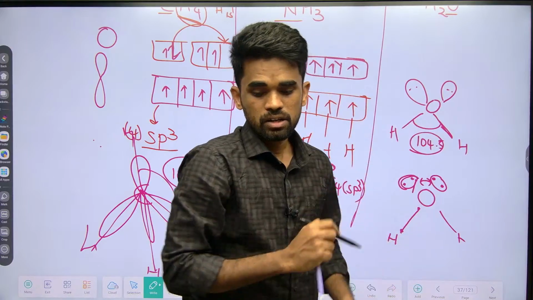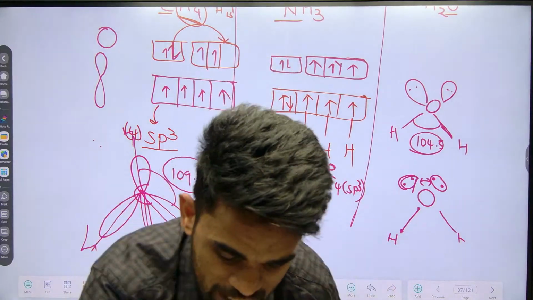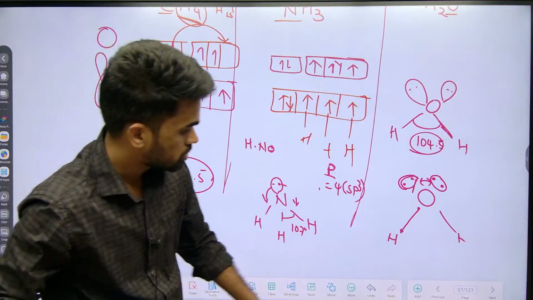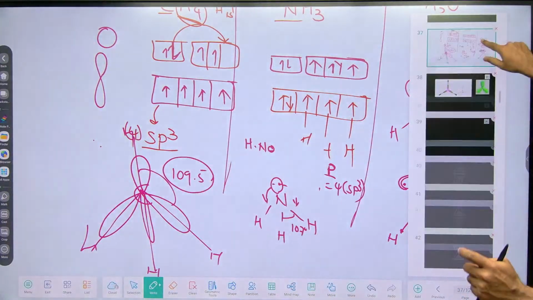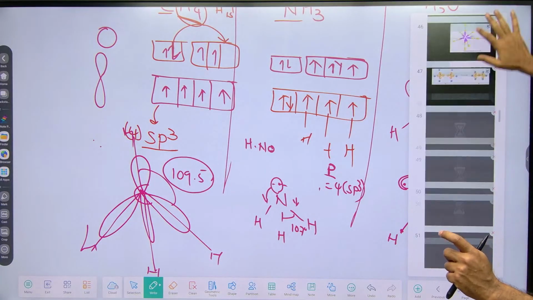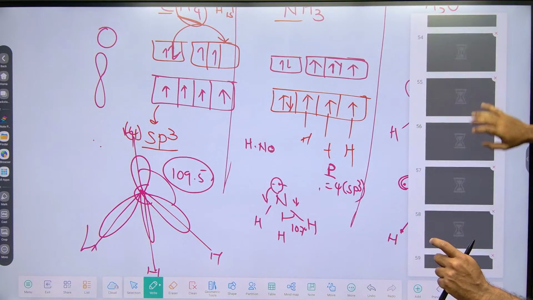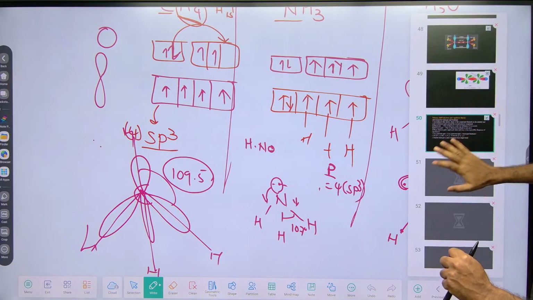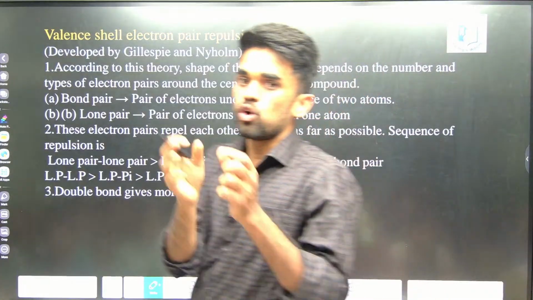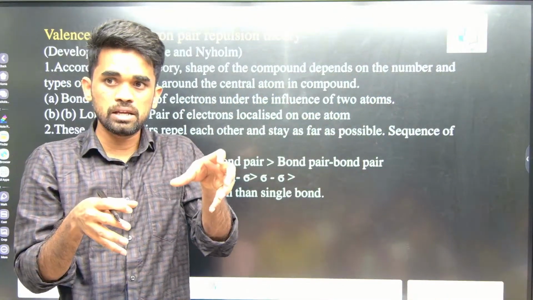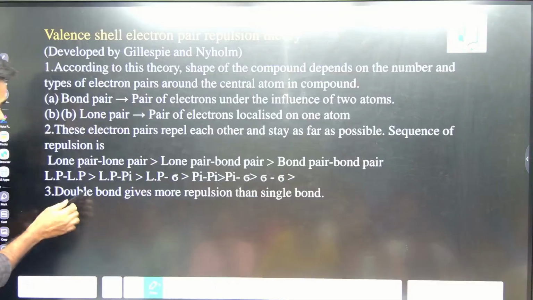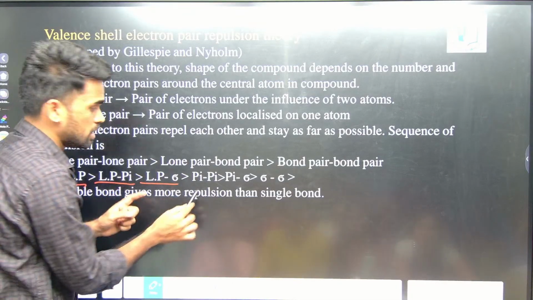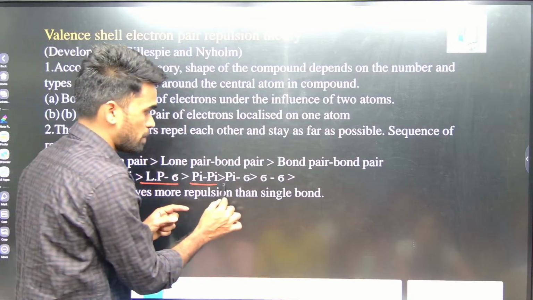Is this clear? So now there is something called valence shell electron pair repulsion theory. What is that? Valence shell electron pair repulsion theory. Once again tell me, what is that? So what does it say? See, when there are lone pairs on the molecule, lone pair repulsion is more than lone pair and bond pair, then next bond pair and bond pair.